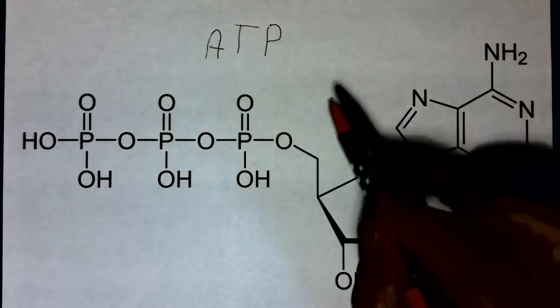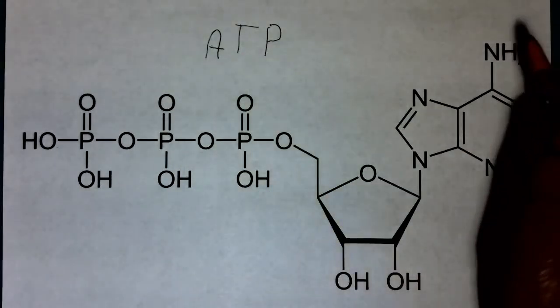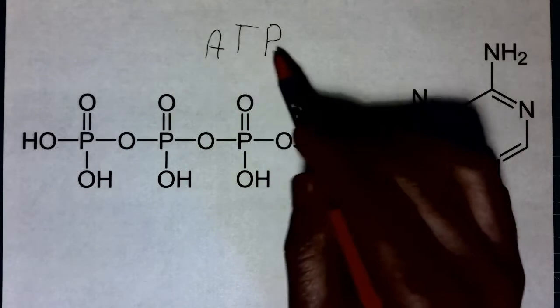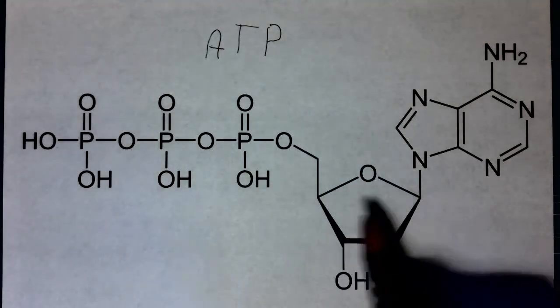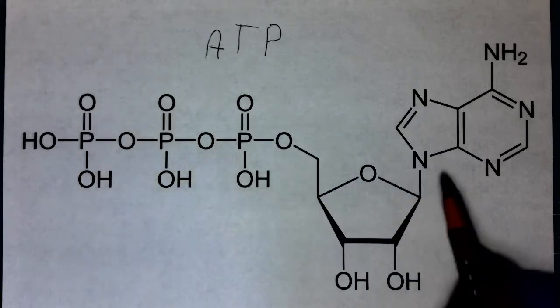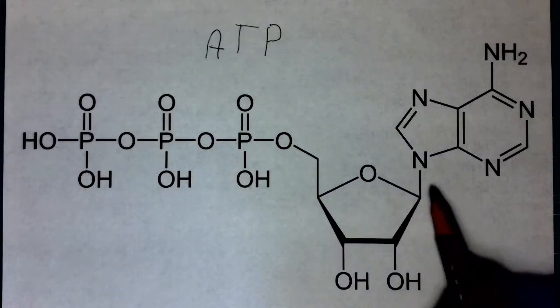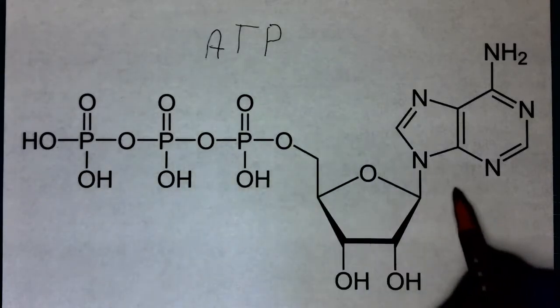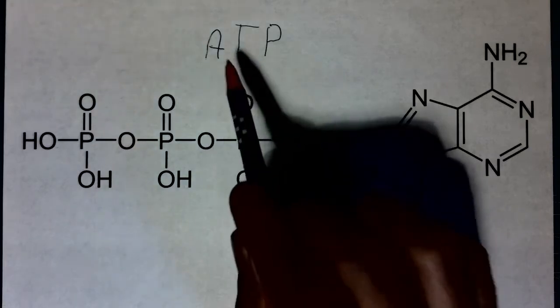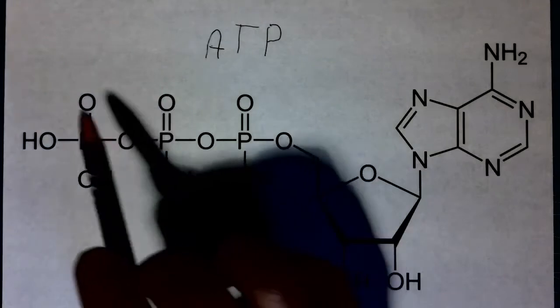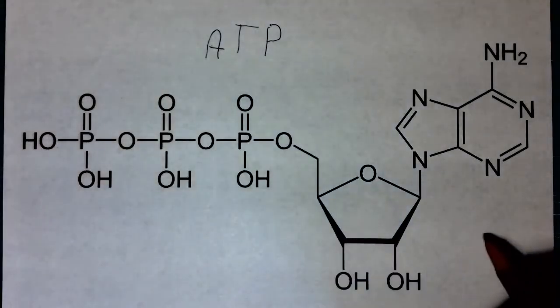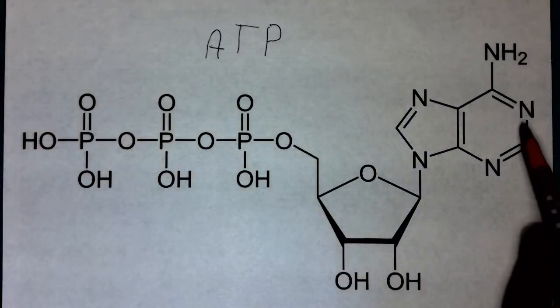Adenosine, which is this guy right here, triphosphate. And this is really your energy currency. So we talked about how we build up gradients. What we're typically trying to do with those gradients is make ATP, okay? And this is where we're storing our energy that we're going to use for most of our biological reactions.